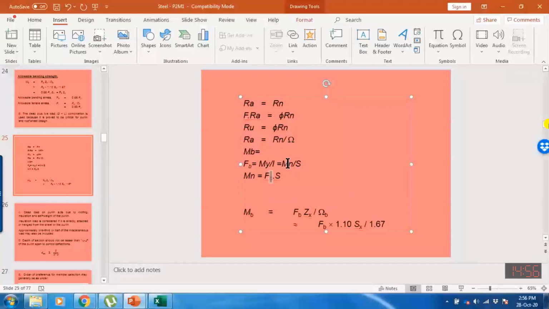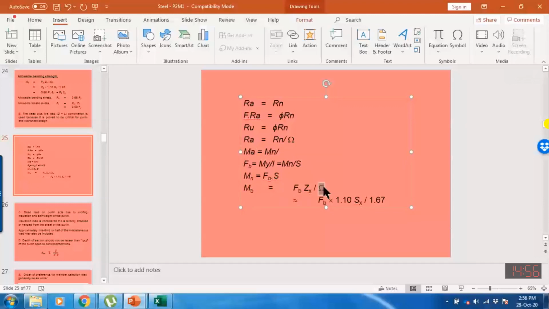So here, what I want to do is compare MA with Mn. MA is the applied moment that I have computed from this service load. So MA should be less than or equal to Mn divided by omega. So this will be my equation in ASD.